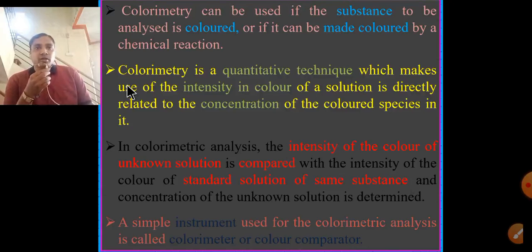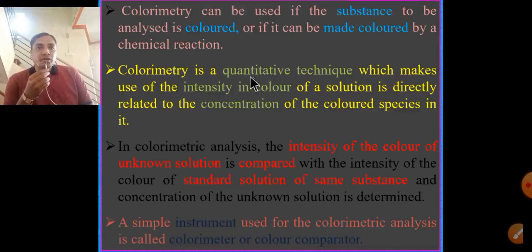Introduction of this topic. Colorimetry can be used if the substance to be analyzed is colored, or if it can be made colored by a chemical reaction. Any reaction run with addition of reagent, then the reaction carries forward, and the product is colored, then this is analyzed by colorimetry.